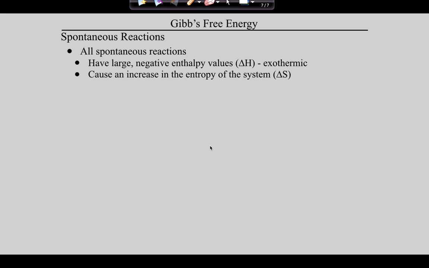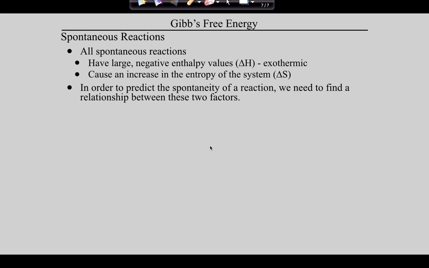You okay? All right. So guys, this leads us into the last thing we're going to talk about today in this unit. And guys, it's all about spontaneity. So what we need is a way to predict spontaneity, because we've got two factors: heat exchange and disorder changes.